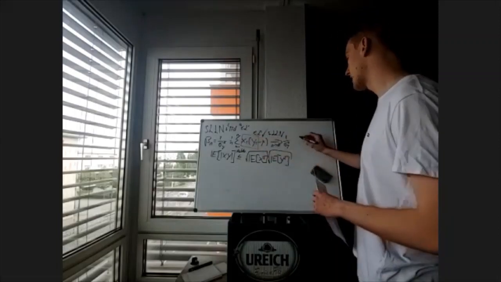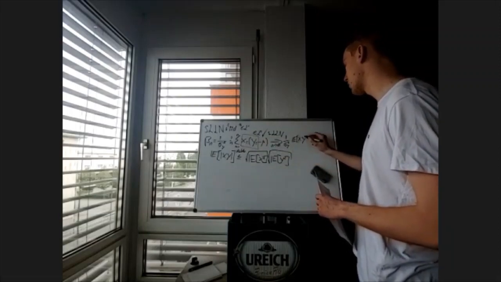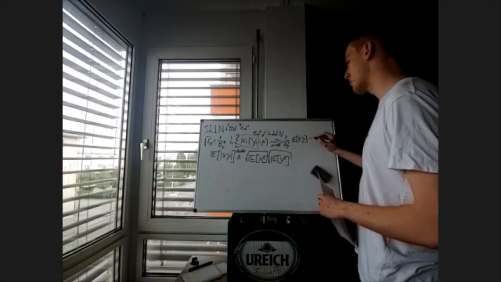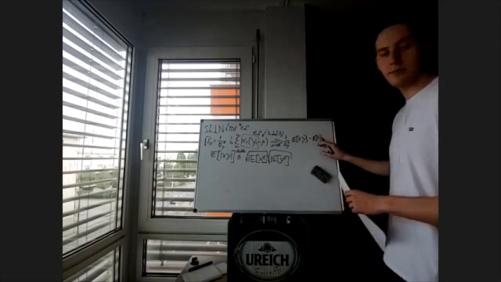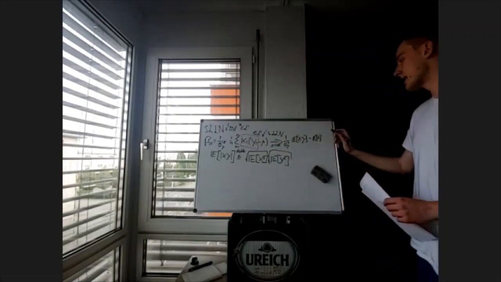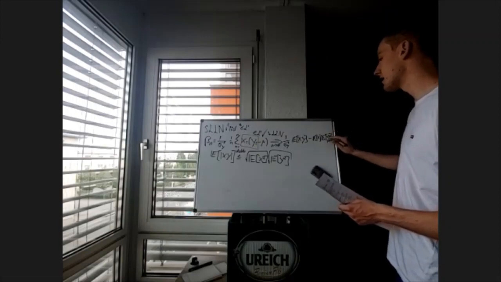And the first part goes to the expectation of xy, minus the expectation of x. This comes from the LLN and the expectation of y. This is just mu.